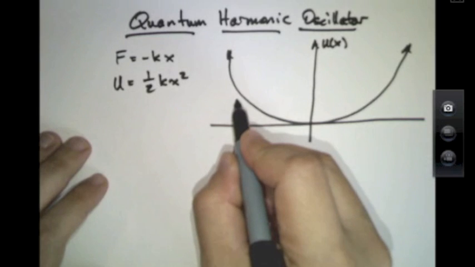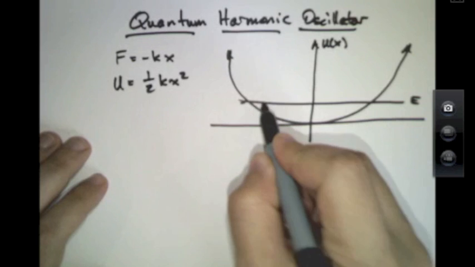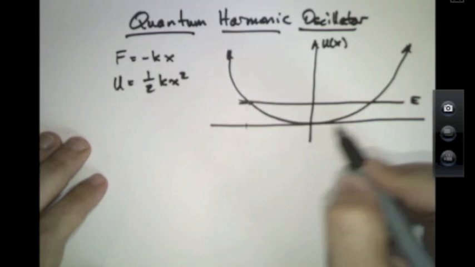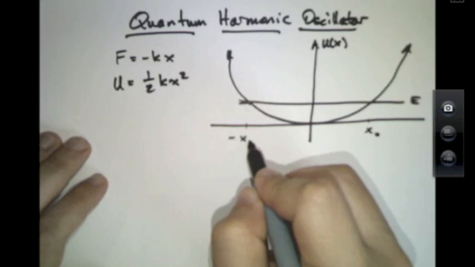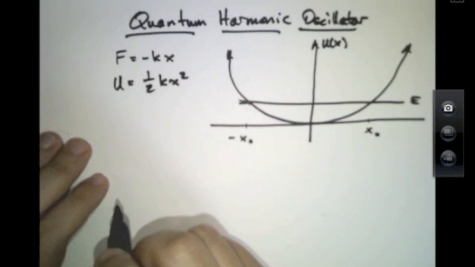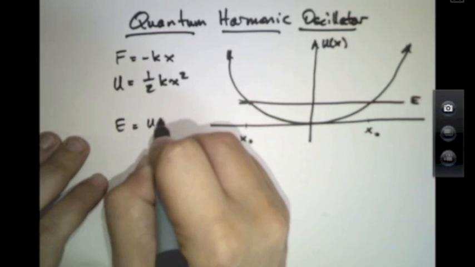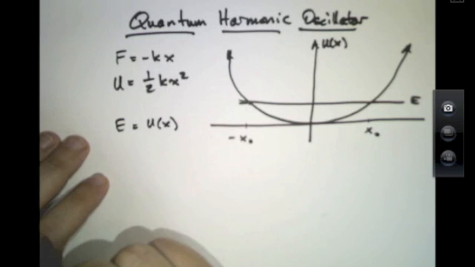Classically, if the particle has energy E, one expects the particle to turn around at 2 points here, plus and minus x naught. This occurs whenever E equals the potential energy. At that point, the particle is not allowed to go any further.